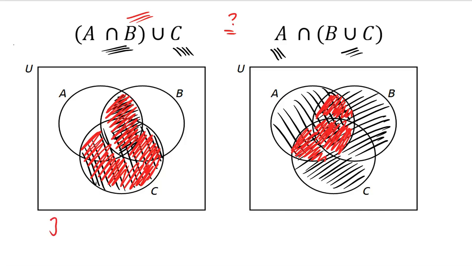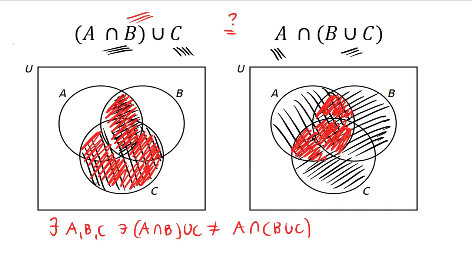Show that there exist an A, B, and C such that A intersect B union C does not equal A intersect B union C, with the parentheses grouped differently. So give me the sets. A equals 1, 2, 3, for example. Give me those sets with the elements. Show that, for your example, these two sets are not equal.